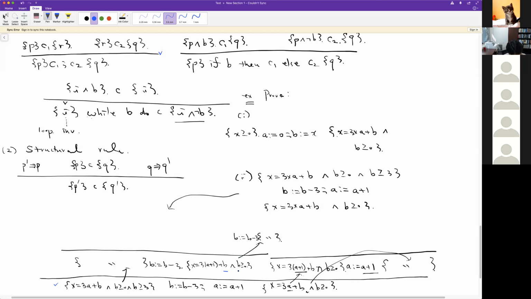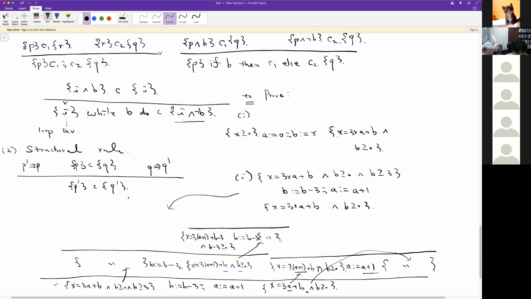Here b appears twice, and we replace b by b minus 3. If you do so, the result is x = 3(a + 1) + b minus 3, and b minus 3 greater than or equal to 0. This is also a completed proof because the rule for assignment doesn't require any assumption at all. So we apply the rule for assignment twice to move the postcondition backward: first the second command, next the first command.